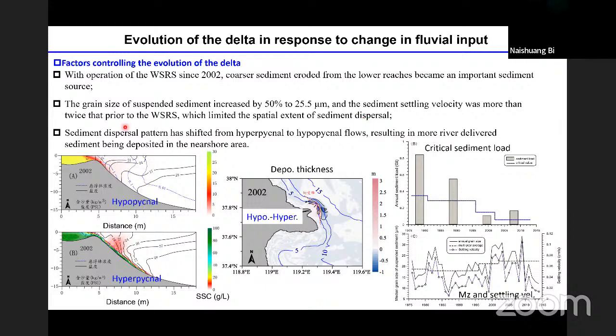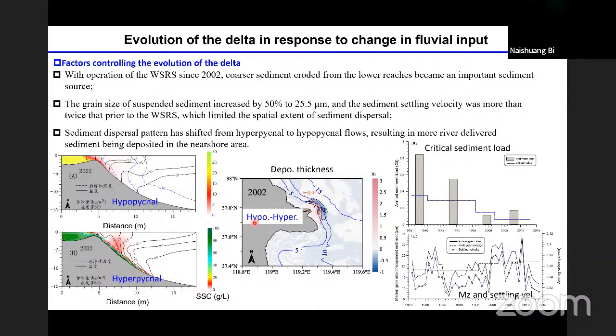We also noticed that the sediment dispersal pattern has shifted from hyperpycnal flow to hypopycnal flow in the Yellow River Mouth area. So we did a numerical simulation to examine the impact of sediment dispersal pattern on the morphological evolution, and found that the hyperpycnal flow favored sediment depositing in the nearshore area.